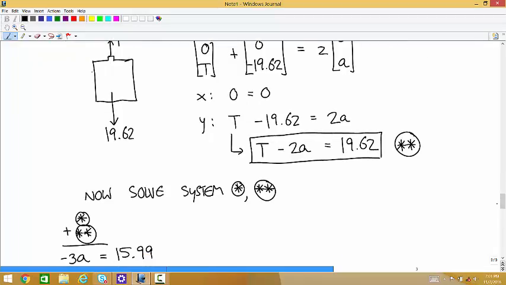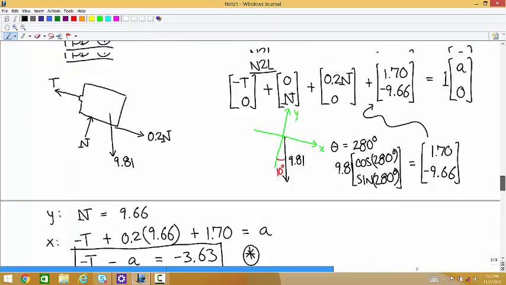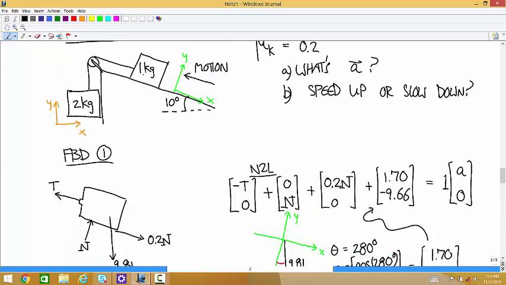And that means that a is equal to negative 5.33 meters per second squared. Okay, so what's the acceleration vector of the block on the incline?